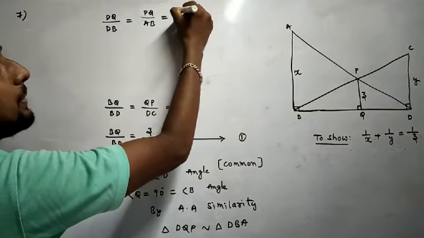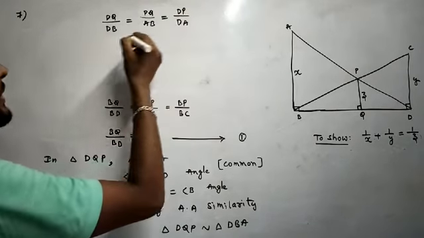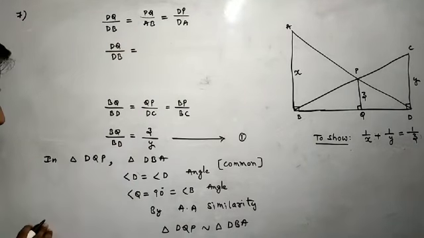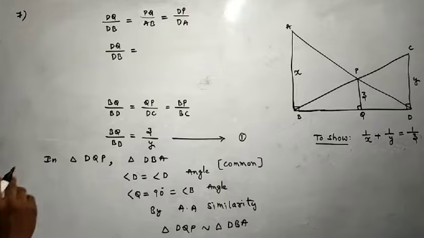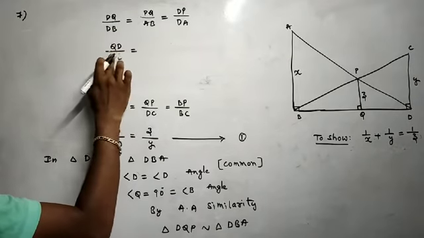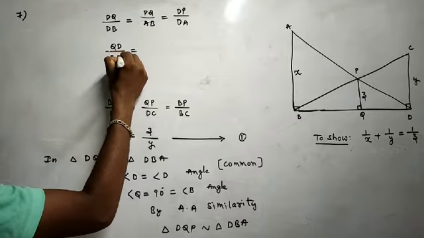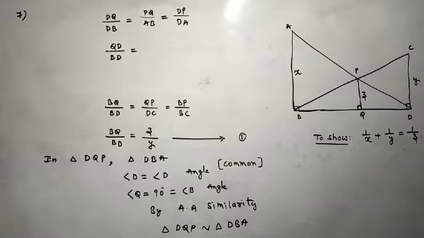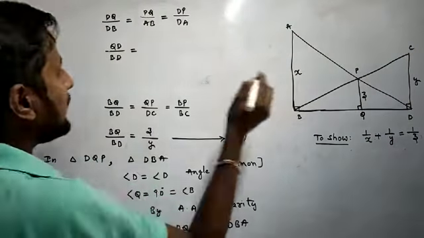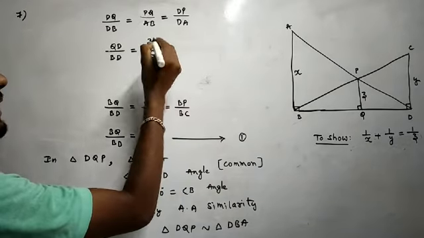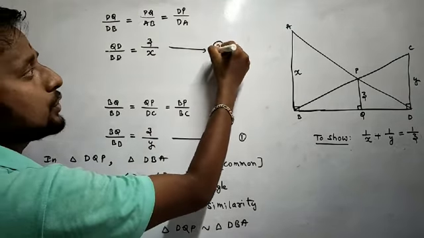For DQ by DB, I will write it as QD by BD, because I want to match both denominators. So PQ by AB, where PQ is Z and AB is X, Z by X. It's our equation 2.